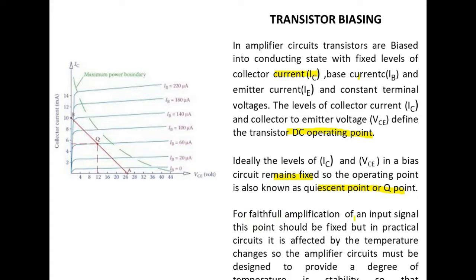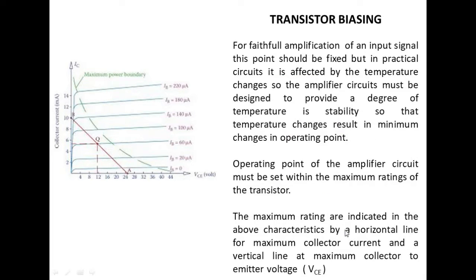For faithful amplification, this point should be fixed, but in practical circuits it is affected by temperature changes, so amplifier circuits must provide temperature stability. The operating point must be set within the maximum rating of the transistor.